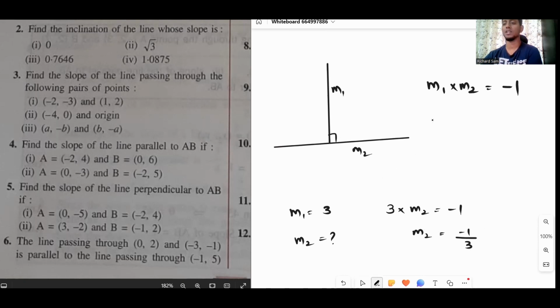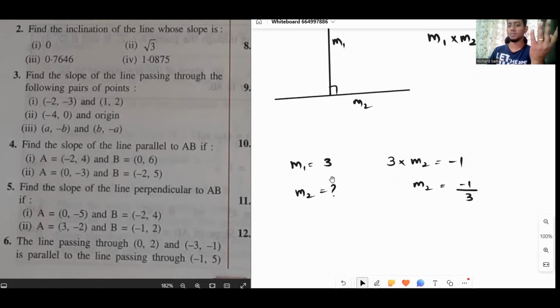Okay, so this is how you find the slope of a line that's perpendicular to it. Shortcut, I'll tell you. If the slope is 3, for the other line, just reciprocal it and put the opposite sign. The reciprocal of 3 is 1 by 3, and put the negative sign. Just in your mind you need to know that rule. But when you're solving it, you have to show how you got it.